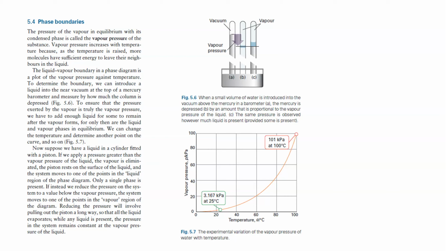If instead we reduce the pressure on the system to a value below the vapor pressure, the system moves to one of the points in the vapor region of the diagram. Reducing the pressure will involve pulling out the piston a long way so that all the liquid evaporates. While any liquid is present, the pressure in the system remains constant at the vapor pressure of the liquid because of that equilibrium process existing between the liquid and vapor phases.